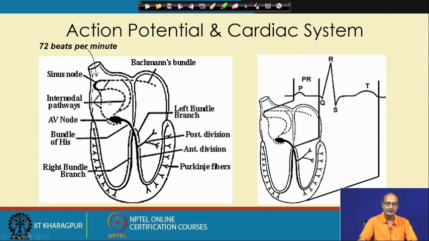The right atrium is getting blood from the veins, and the left one is getting blood from the lung. Now, let us see how this sequence is controlled.